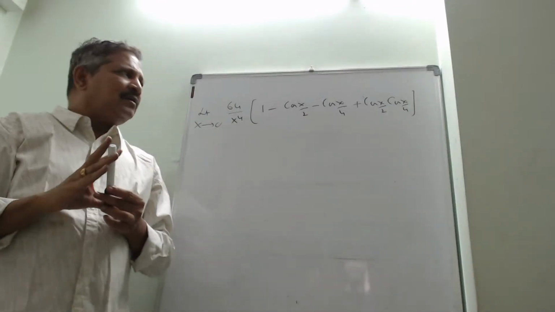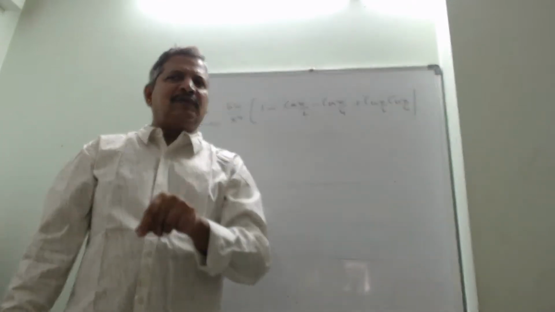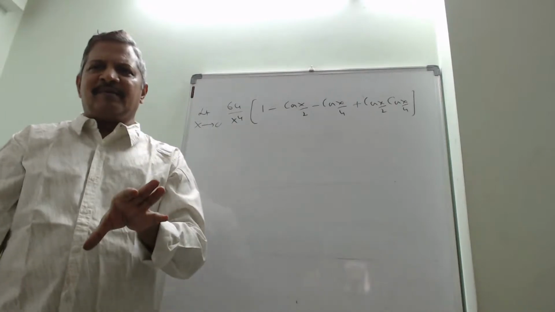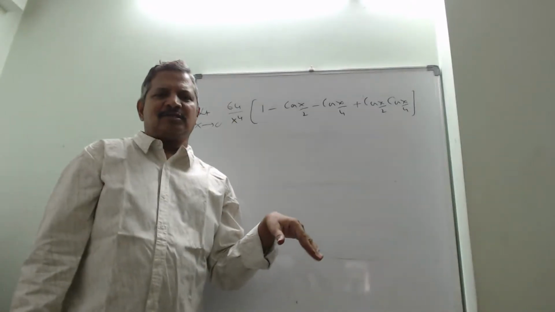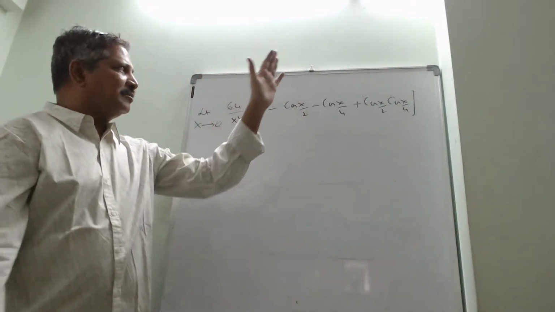Very carefully see, limit x tends to 0, 64 by x power 4 into (1 minus cos x by 2 minus cos x by 4 plus cos x by 2 into cos x by 4).